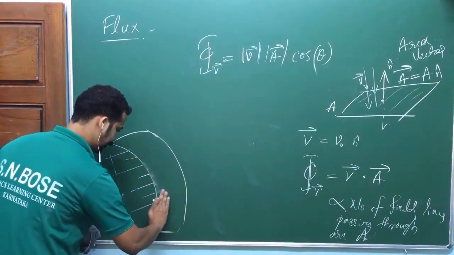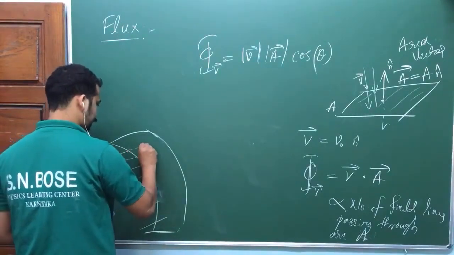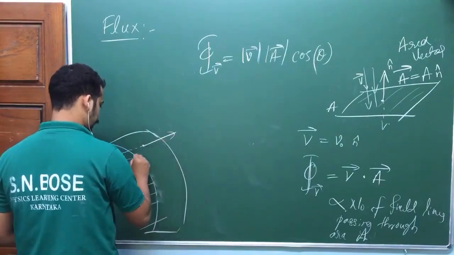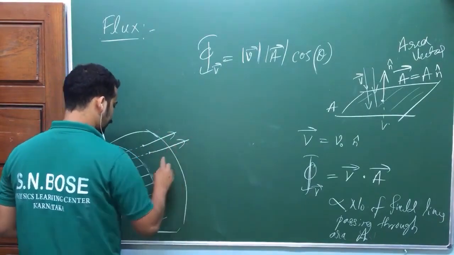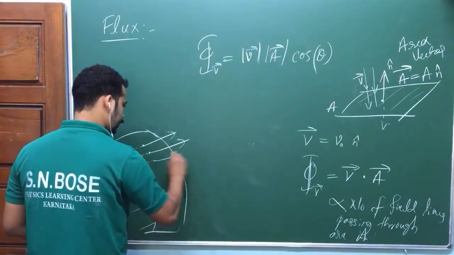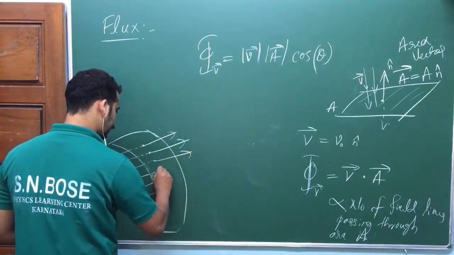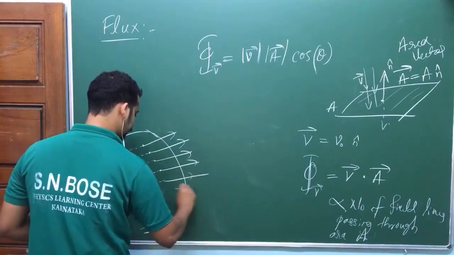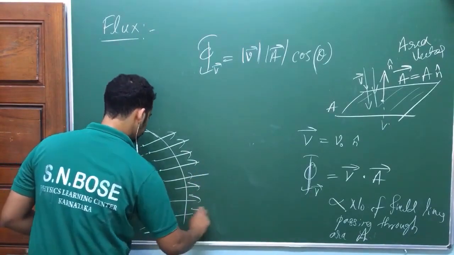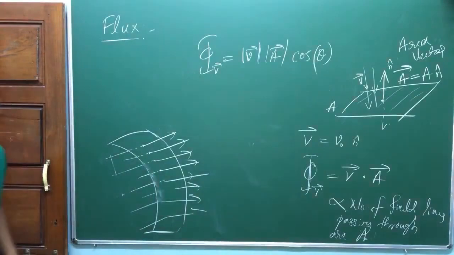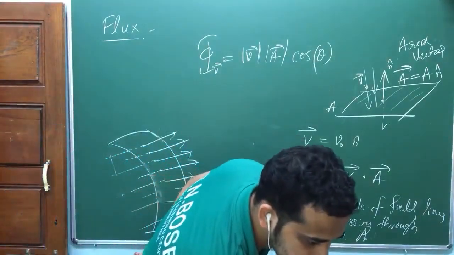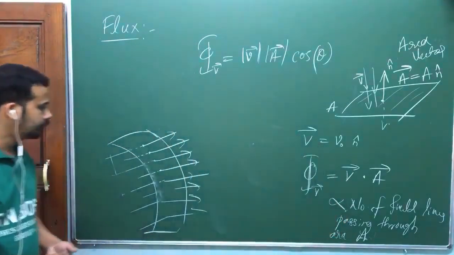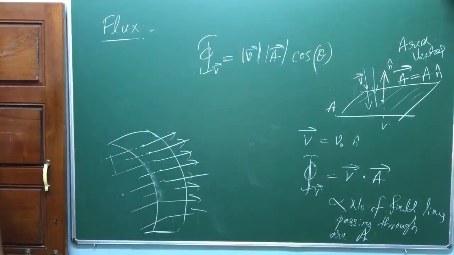The vector field is almost uniform, but the surface area is curved. Now how do you find the flux?